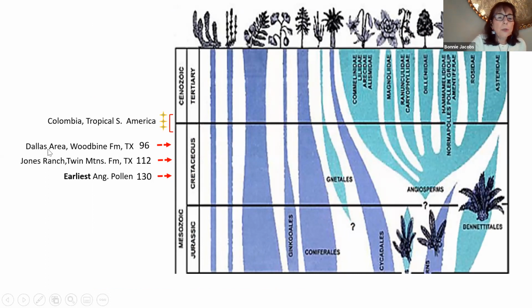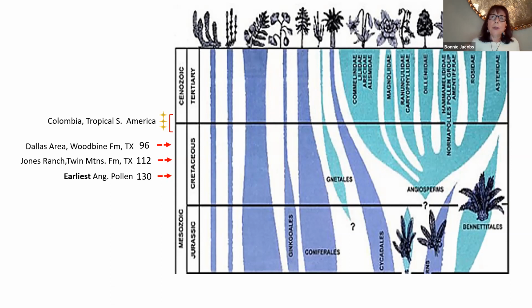Now let's go to the Woodbine Formation. So now we were at 112 million years ago. And you notice that this locality, Jones Ranch, that I was just talking about, has all kinds of Cheirolepidiaceae, all kinds of conifer remains of this species preserved in it, along with the dinosaur, which was called Paleobotanist, by the way.